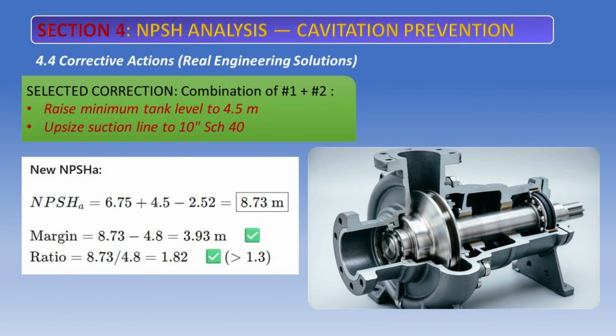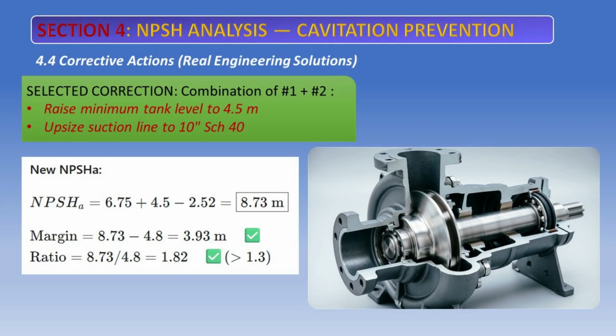After evaluating the options, we selected a combination of actions. First, we will raise the minimum tank level by 1.5 meters, from 3.0 meters to 4.5 meters. This is a simple and effective way to add positive suction head.